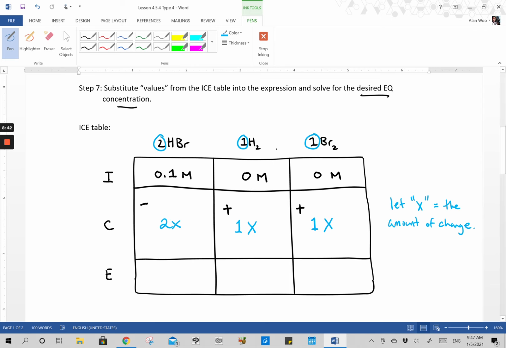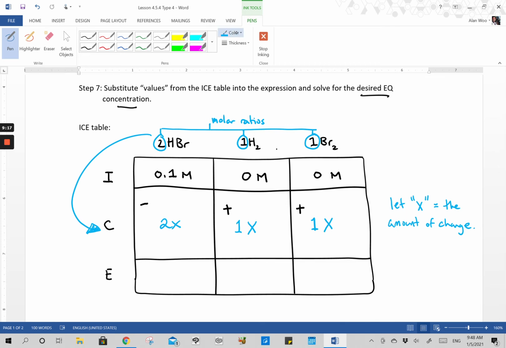Keep in mind, these coefficients all represent the molar ratios, and we only use these coefficients in the change row. We don't use them anywhere else.